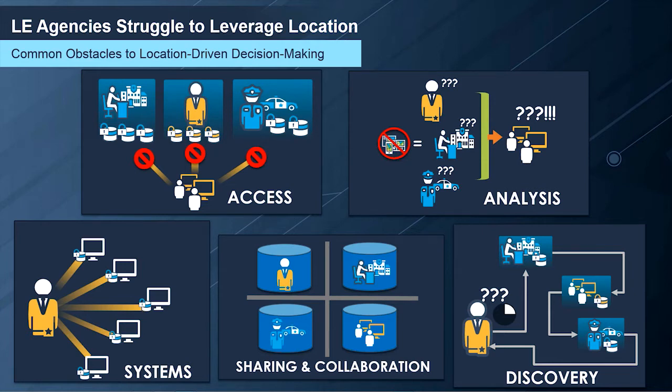And then the last big challenge that we hear about is around data silos and disparate systems. We hear things like officers or analysts who have 5 different applications open at once, who are performing a query in 5 different applications at the same time, trying to get at the information they need, or things like duplication of work in multiple systems, resulting in confusion over which source is the authoritative source.